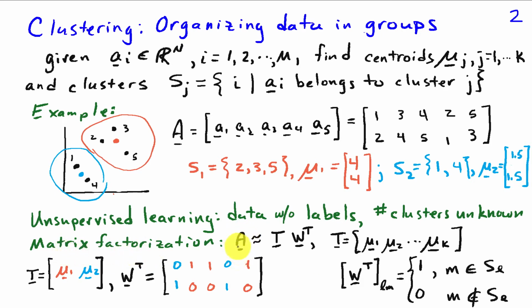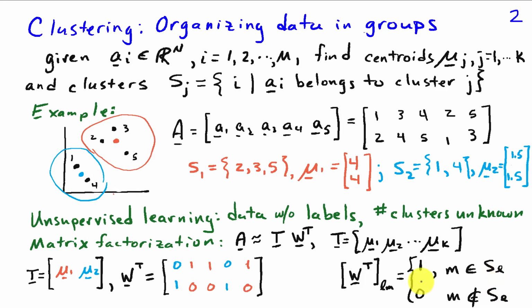Represent the data matrix A as the product of a matrix T containing the centroids of the clusters and a matrix W transpose which identifies which centroid is associated with each column of the matrix A. The matrix W transpose will have a 1 in the L, M position if M is an element in the set S sub L representing the Lth cluster.